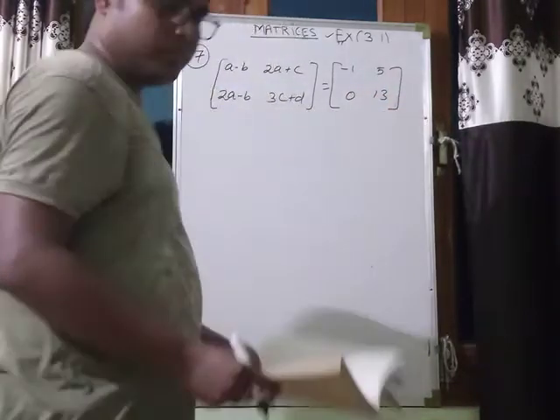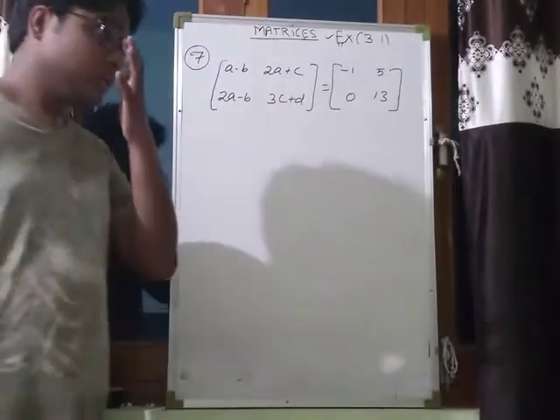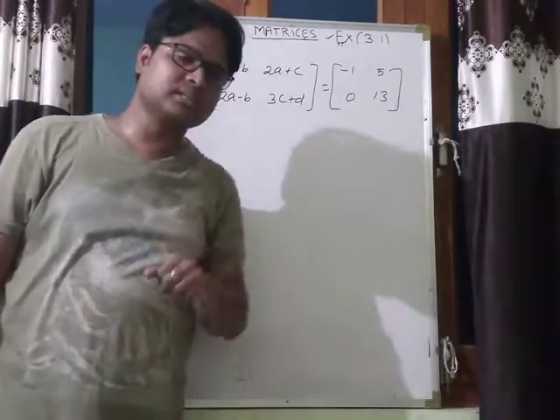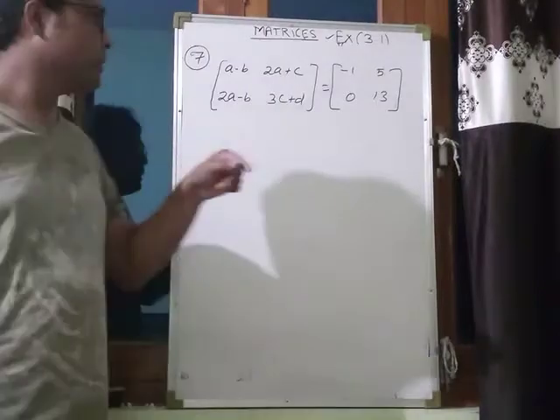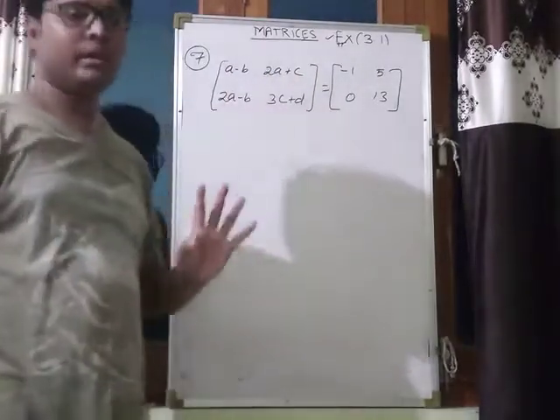Okay. Last time we had discussed this: when two matrices are equal, their corresponding entries are equal.